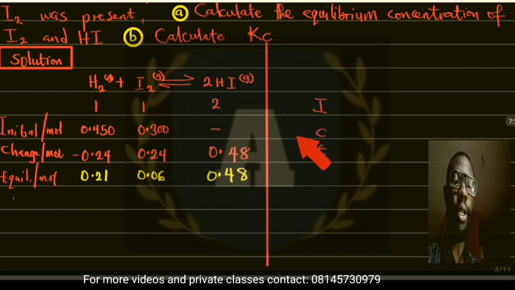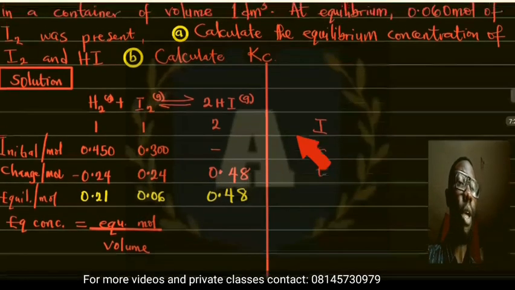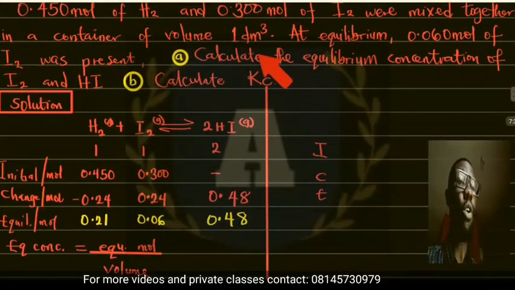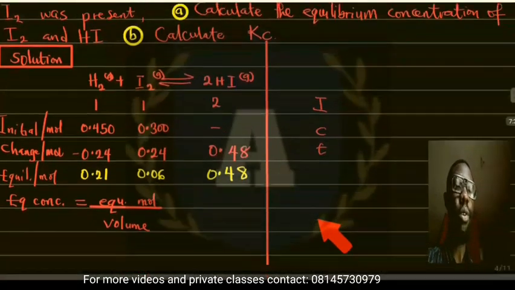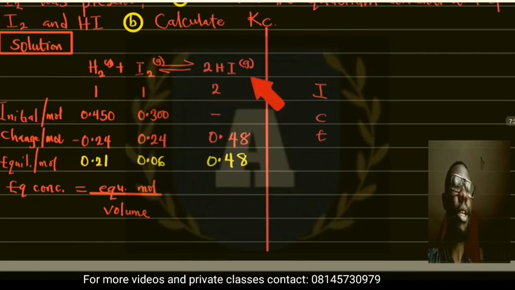For convenience, equilibrium concentration equals equilibrium mole divided by volume. A volume has been given in the question to be 1 dm cube. So now we can calculate the equilibrium concentration for each of those species on the reactant and the product side.